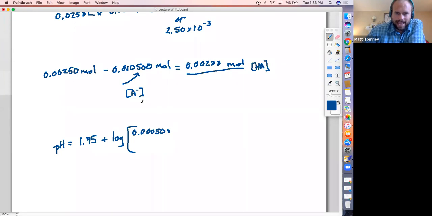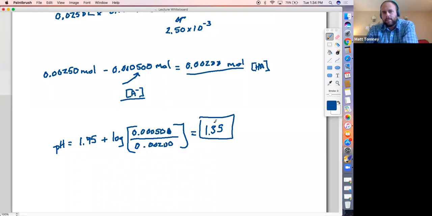That's because that is A-. It's base over the acid when we're dealing with the acid. And then on the bottom, you're going to have 0.00200. So if you put that in your calculator, and I do want to mention putting it in the calculator in a second, you get 1.35 rounded as the pH.